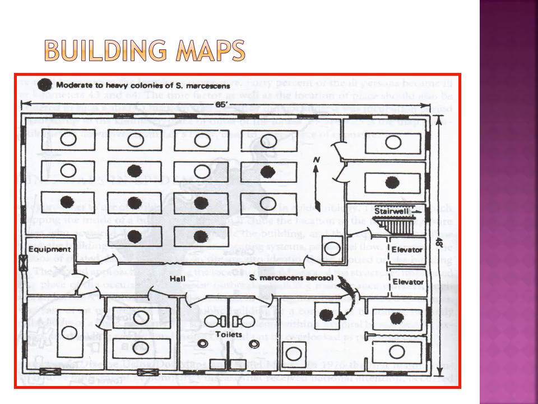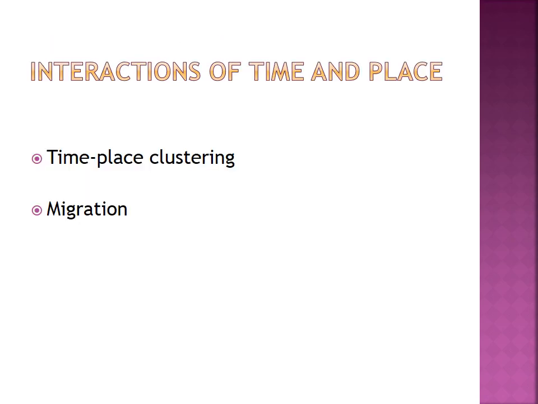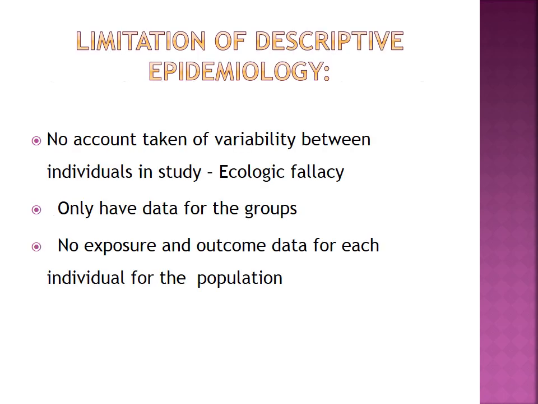These are examples of building maps, where some apartments or rooms are more affected by a particular aerosol, but others are not affected. This shows the clustering of cases in particular apartment blocks. There is also interaction of time and place clustering, and this might be because of migration.